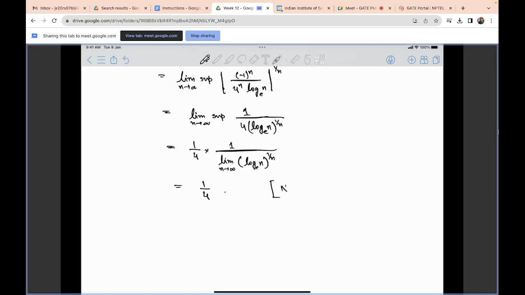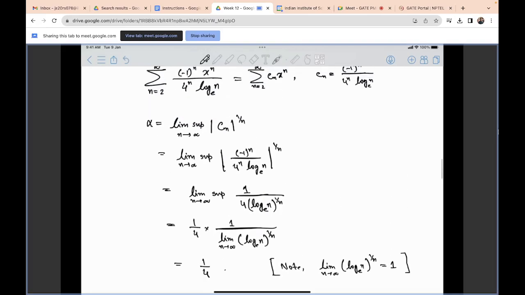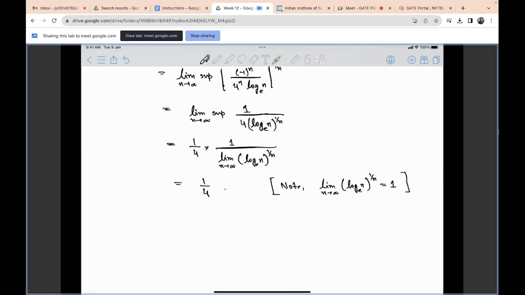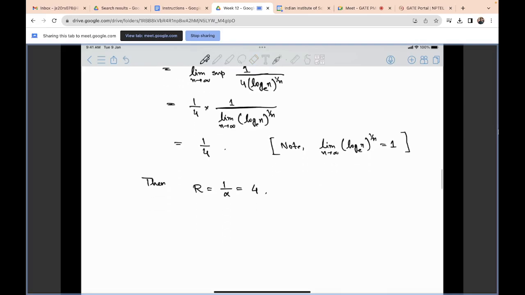You can check that the limit as n tends to infinity of (log n)^(1/n) is 1. Therefore alpha is 1 by 4. Then what is r? R we have defined to be 1 by alpha, which means 4. So this is the radius of convergence.